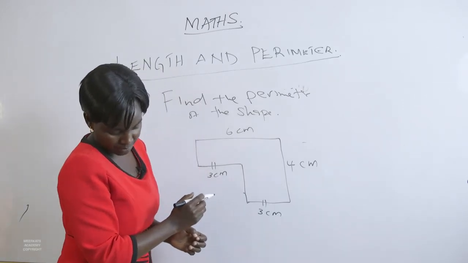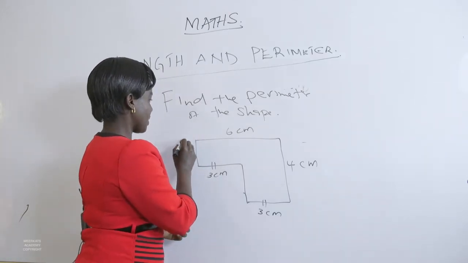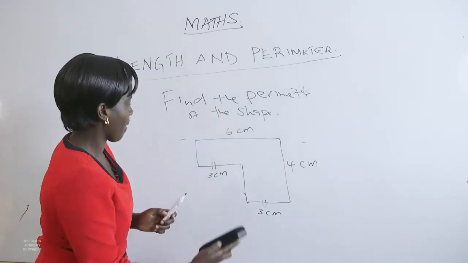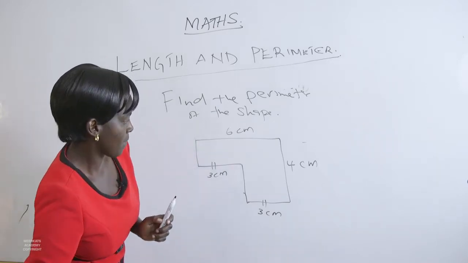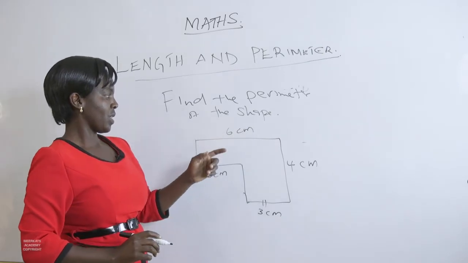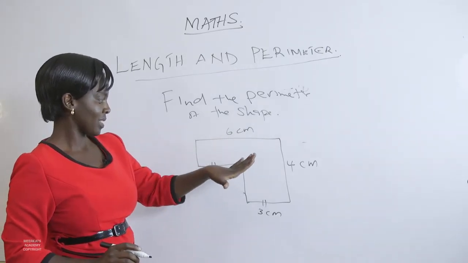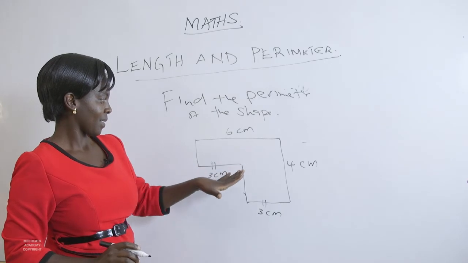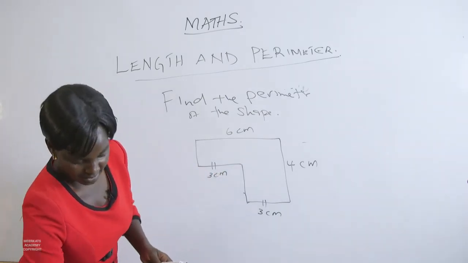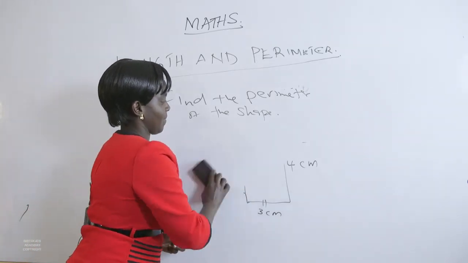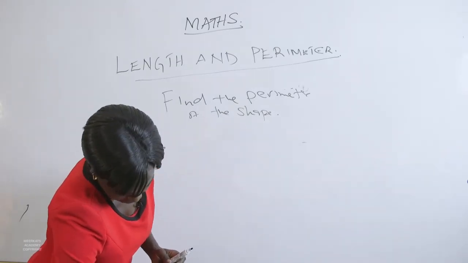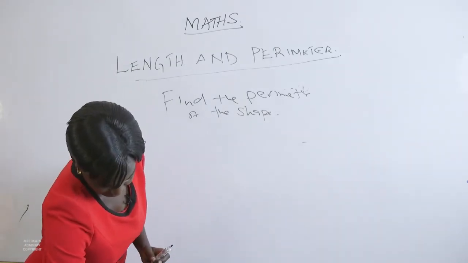And we are told from this point down, so we are told this is 6 centimeters. This is almost the same as the other one. Oh yeah, we have calculated this one. Sorry. So let's try another one.